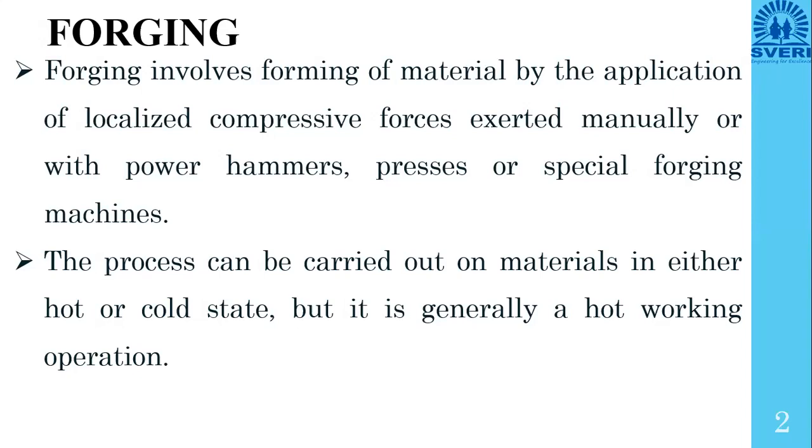The process can be carried out on material in either hot or cold state. Generally, it is a hot working operation. Why? Because in forging we are using dies, an upper die and a lower die, and in whatever shape is there in the die, we are squeezing the material into that shape. When the material is in cold state, at room temperature, it is very difficult to squeeze.